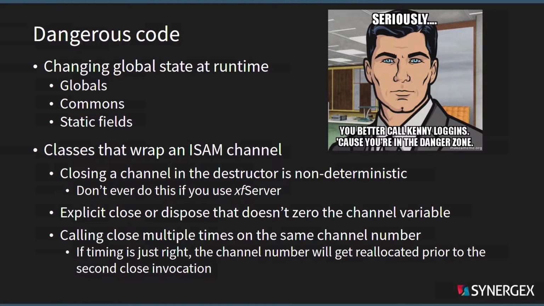So in Synergy, single-threaded environment, totally safe for you to call close 5, close 5, close 5, close 5. We will not complain at you. In a multi-threaded environment, channel 5 got reallocated between the first time you said close 5 and the second time you closed 5. So totally different behavior, breaks your application in the field. You have no idea why it happened, but now you know you can look out for that.